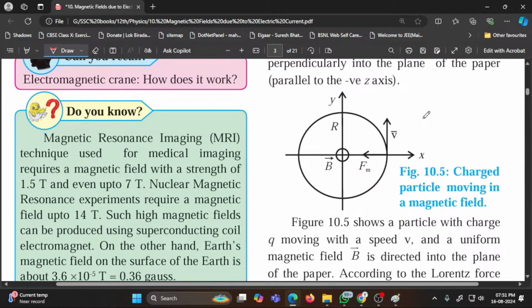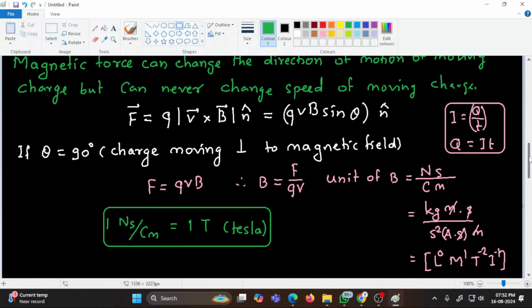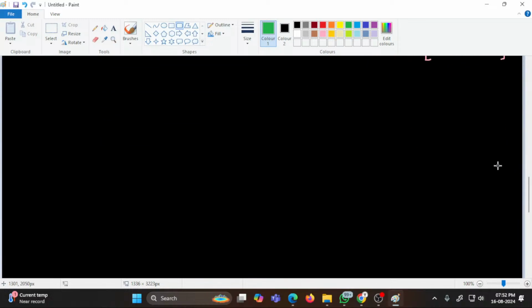Then the force acting on the particle is in the x direction. And that will then give the necessary centripetal force, and it will be responsible for the circular motion of the particle. So this is known as cyclotron motion.